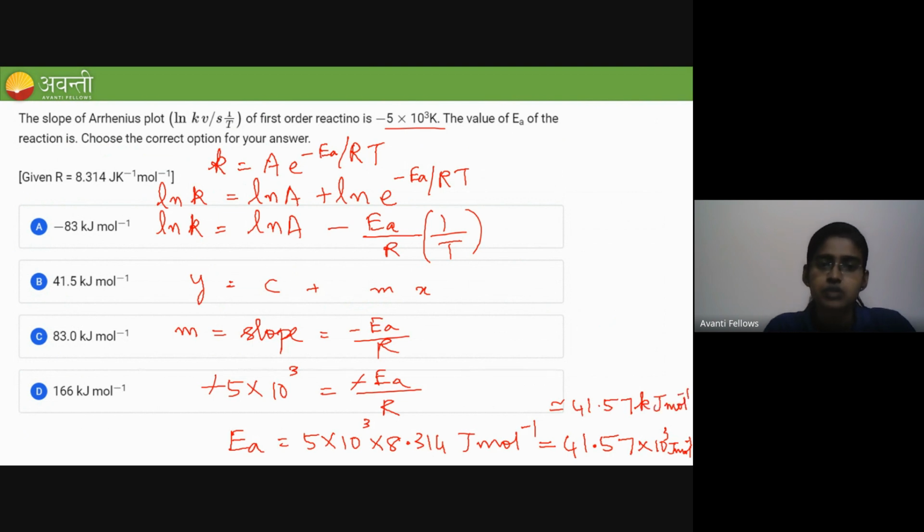So that is the activation energy, and option B is the correct answer for this.